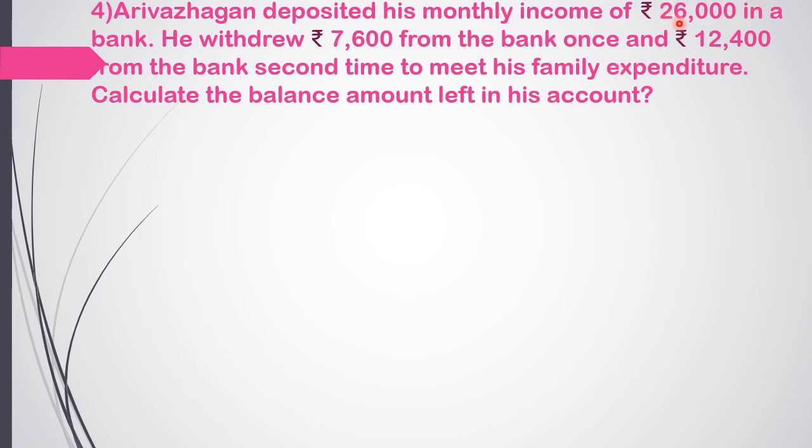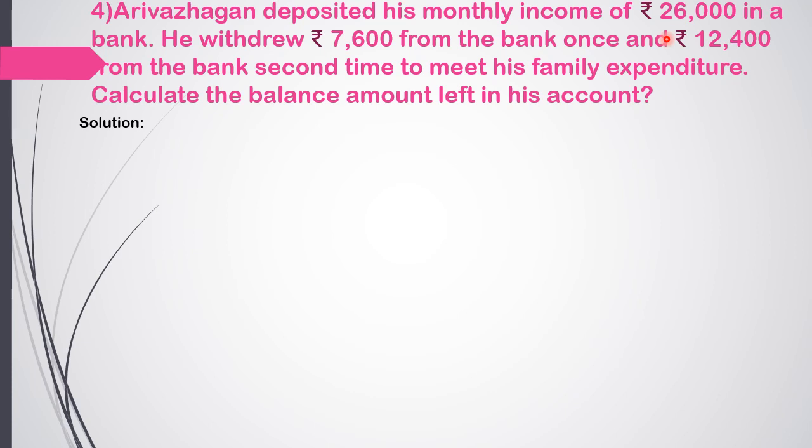The second method, we subtract the 7,600 from the monthly income. Then you find the balance. Then from the balance we subtract the second withdrawal amount. We can do this in 2 ways. Now we are going to do it in the second method because we are learning subtraction, isn't it? So we are going to do this in this method.